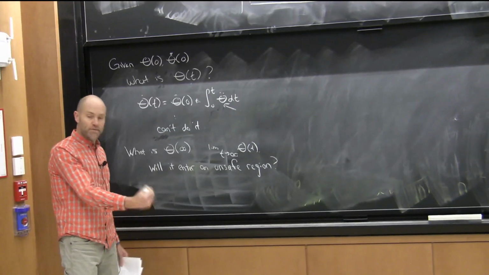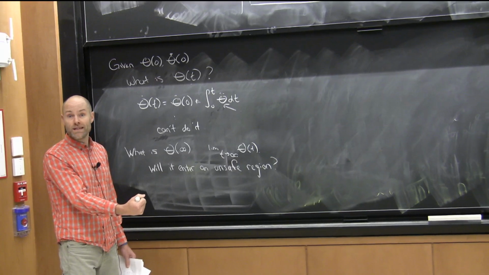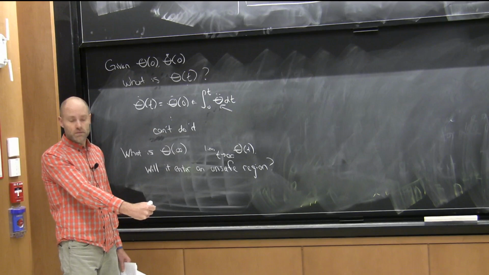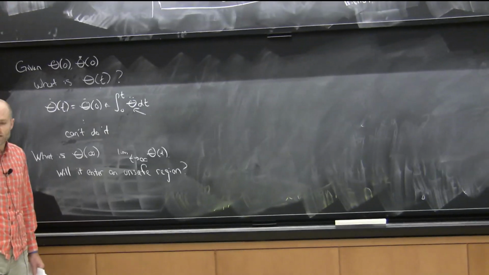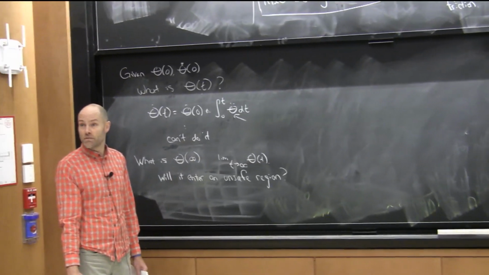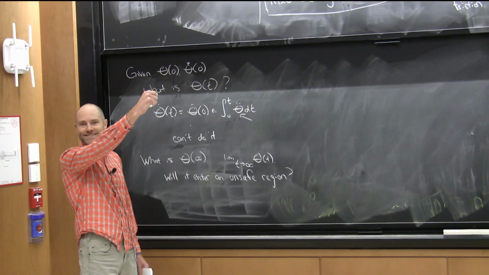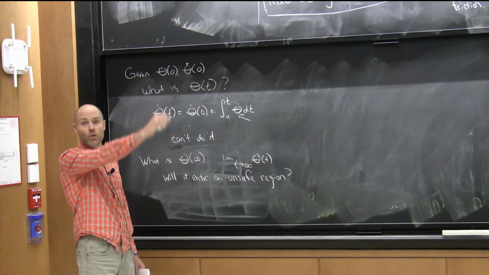Well, if u is 0, so I've got no extra input, and I start in some initial condition, I've got damping, then not only do I know that as time goes to infinity I'm going to be here, you can also say with a lot of confidence that you're never going to be here. The energy of the system never went up.